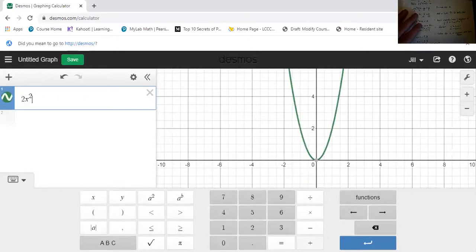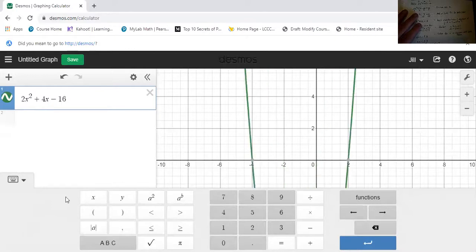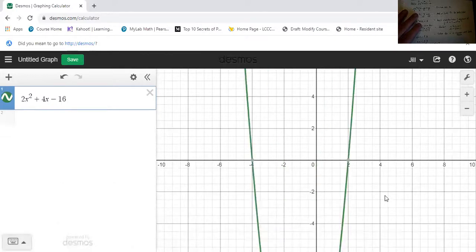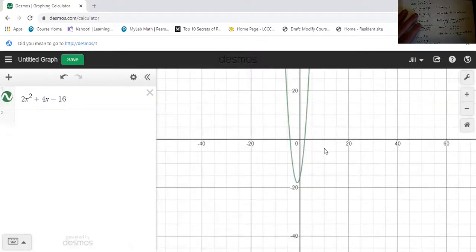Let's take a look at that graph. We want to be sure. In this picture, I have to bring it in a little bit, because a good picture will show these points, which are your high-low points we're going to talk about in just a second, your x-intercepts, and where it goes through the y-axis. So it should show all of that.